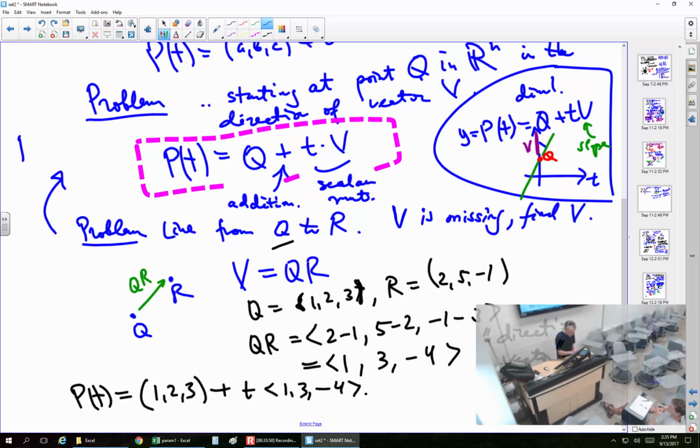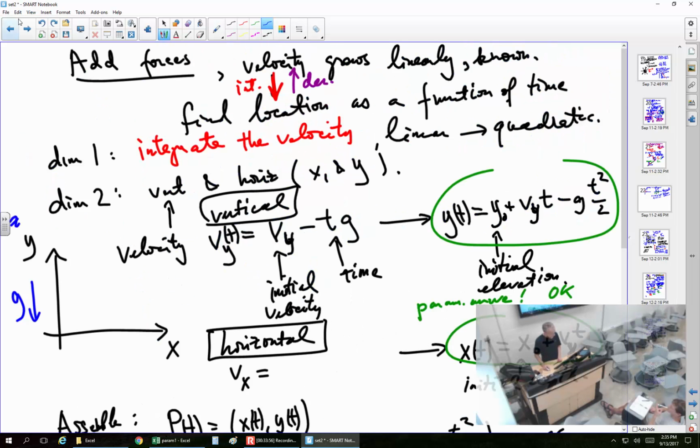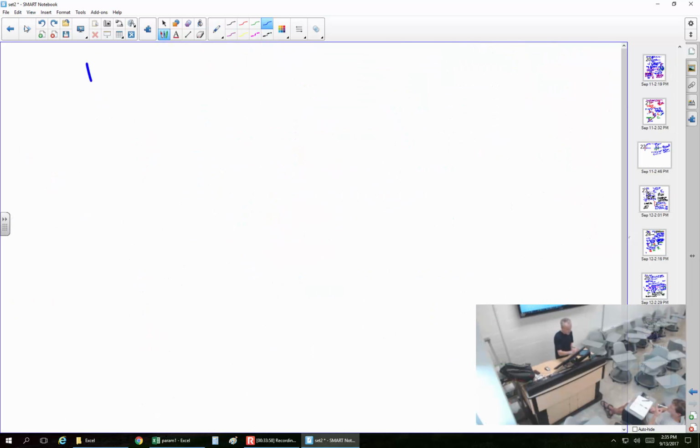So P at time t is equal to, say, P naught plus V naught t. Okay, so that is what is called the closed formula.